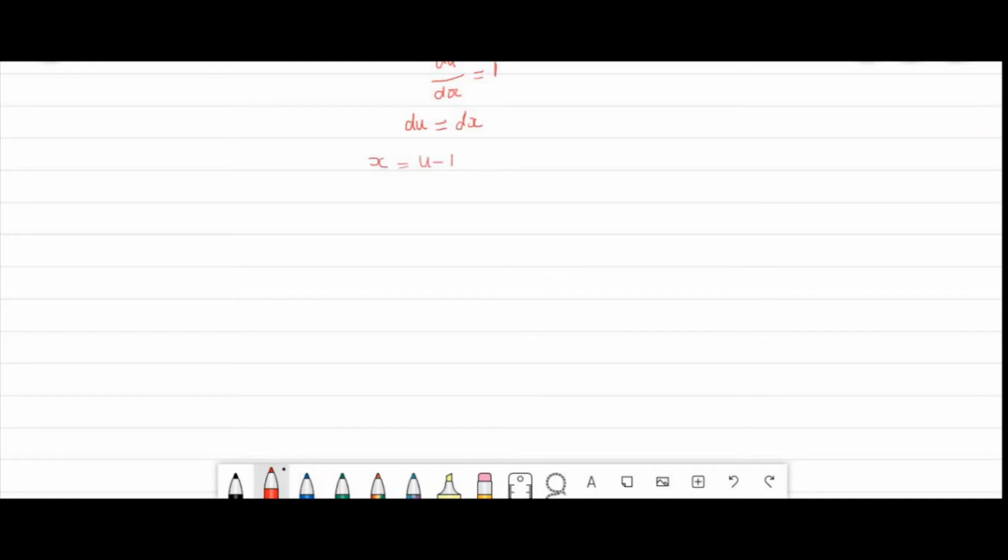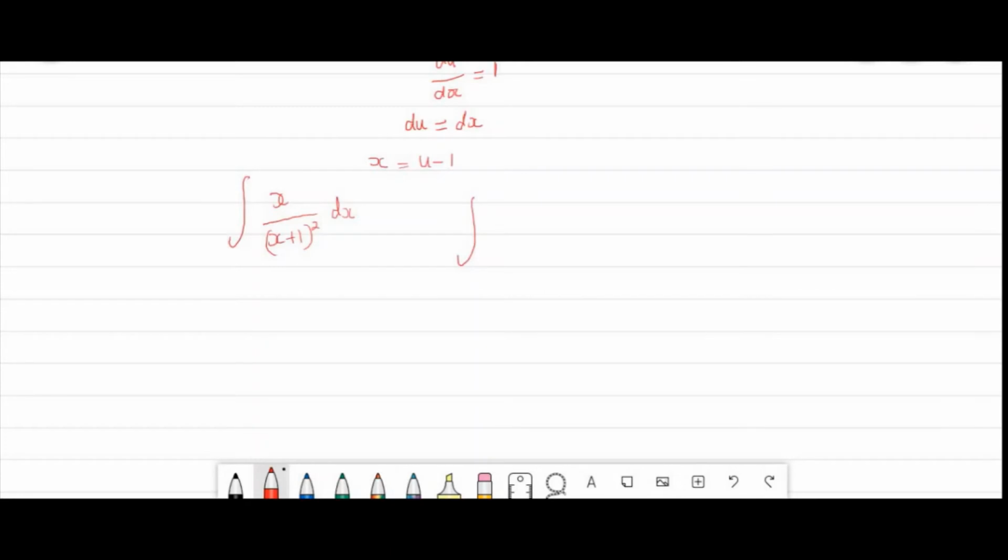So let's go back to our original integral, x over x plus 1, all squared, dx. Because I'm using U-substitution, I should have the integral in terms of u instead of x.